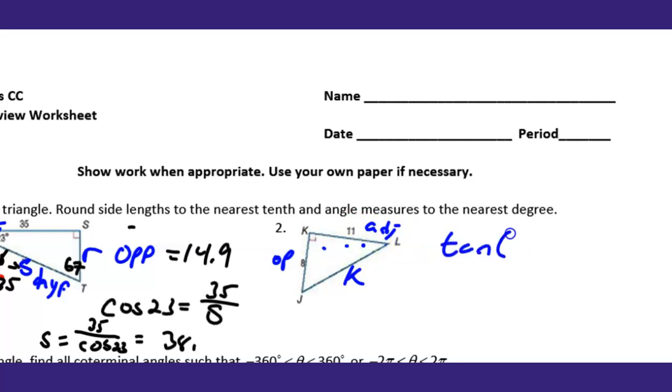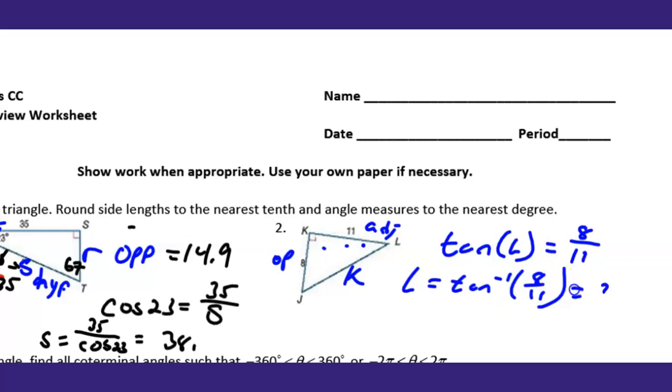So tangent of theta, or L, equals opposite over adjacent. But you can't just find the tangent of L and calculate it, so we use the inverse of tangent. L equals tangent inverse of 8 over 11. When we punch that in, we get an angle measure of 36 degrees.